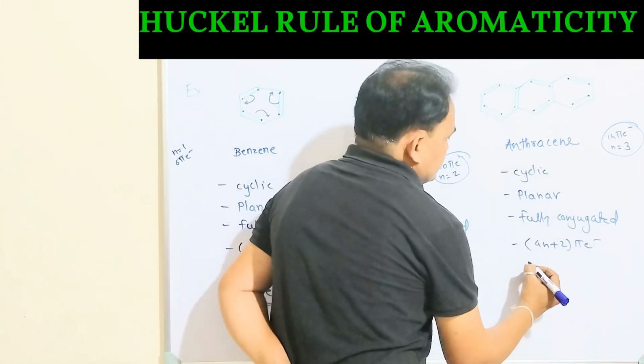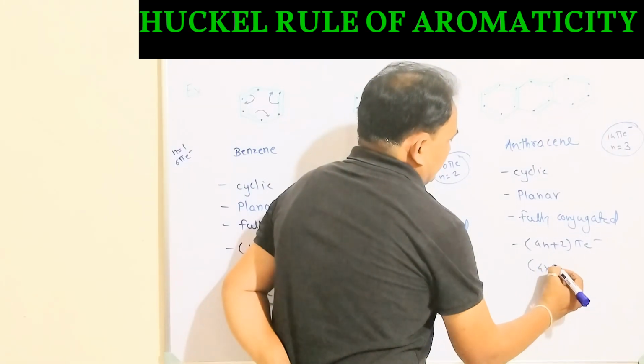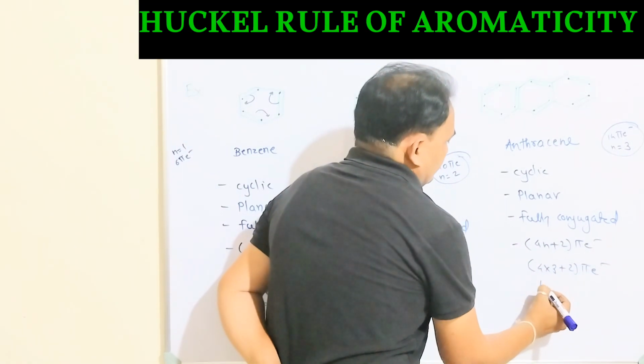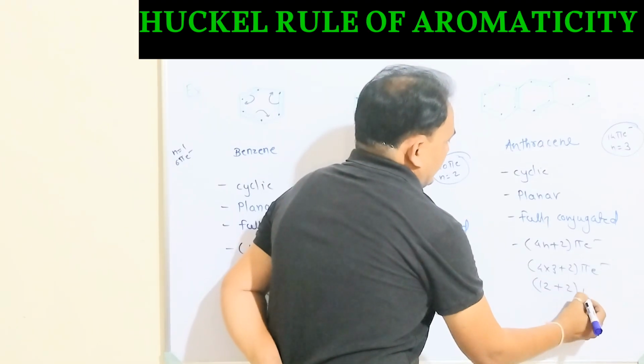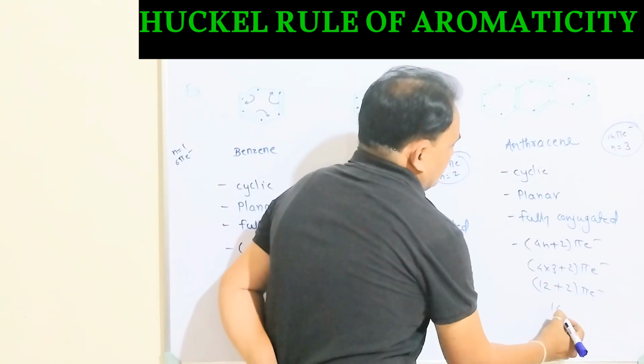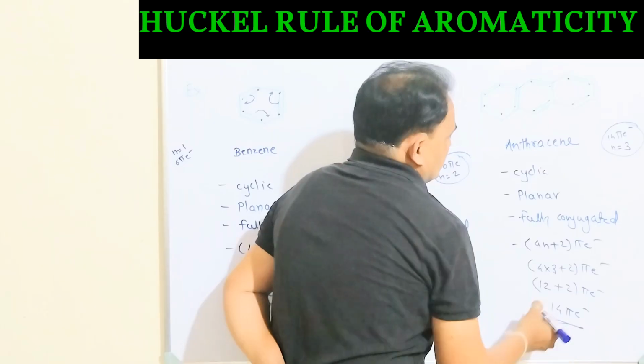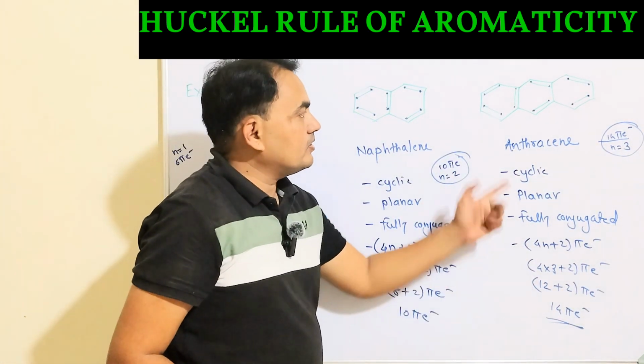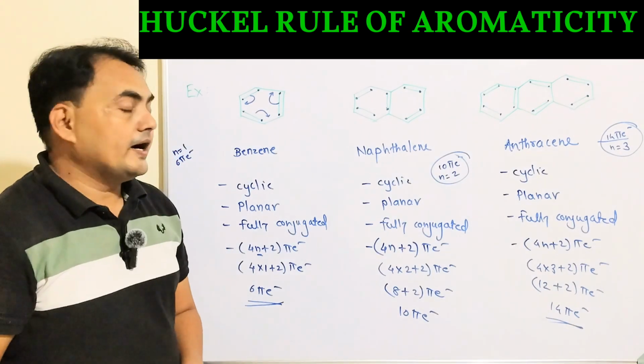Means here we take n as 3. 4 into 3 plus 2 pi electrons: 4 into 3 is 12, plus 2 means 14 pi electrons. This anthracene consists of 14 pi electrons, so anthracene is also aromatic.